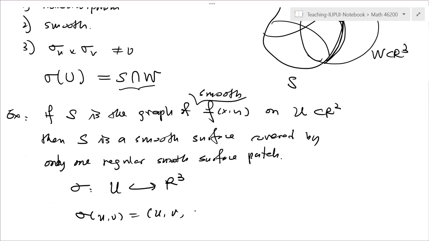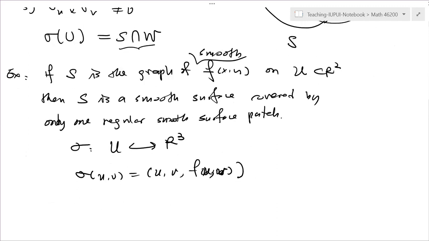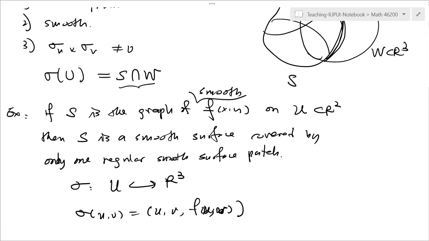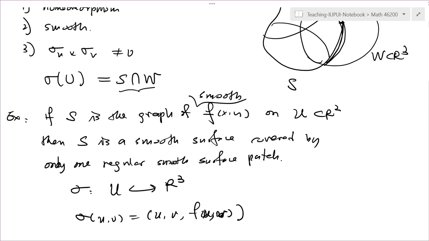If you use x, y, you can use (x, y, f(x, y)). And f is smooth, so that's why it's smooth, and it is a one-to-one homeomorphism, and more importantly, it's regular, because the third property must be satisfied. All right, this is the definition of the surface. I think it's given here, you see on page 77.